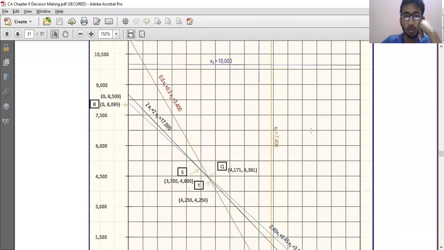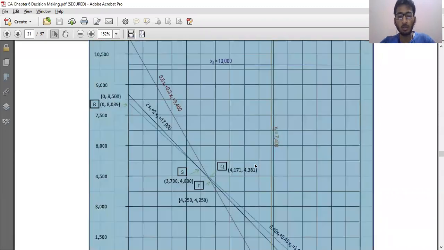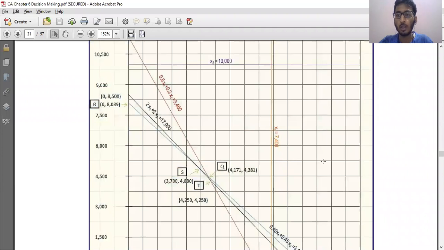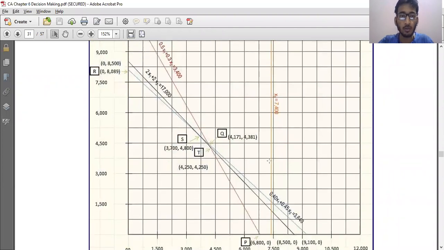So basically we have drawn the lines. First, we had the points 8500 and 0, and 0 and 8500. So this is the first line which is created.